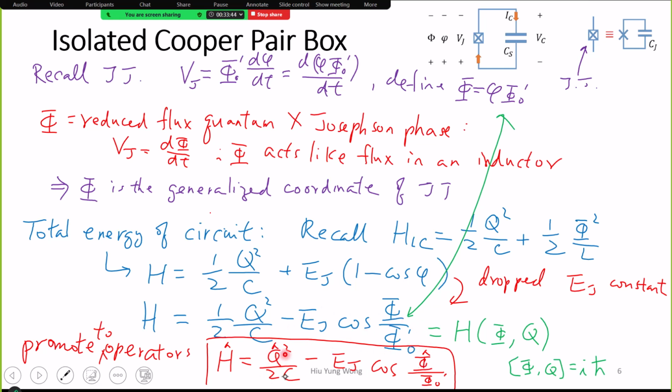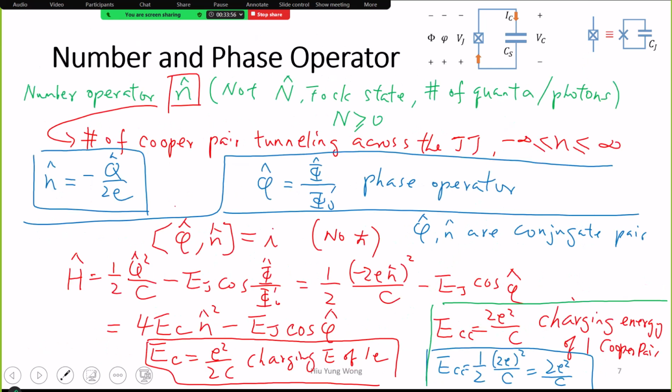We have the generalized coordinate as flux, and the generalized momentum as Q, so flux and Q are the conjugate pair. But we foresee it's not going to be convenient. We want to convert it to number and phase operators. Number is referring to the number of Cooper pairs, so it's going to be Q divided by 2e times -1. Phase is just the flux divided by the reduced flux quantum.